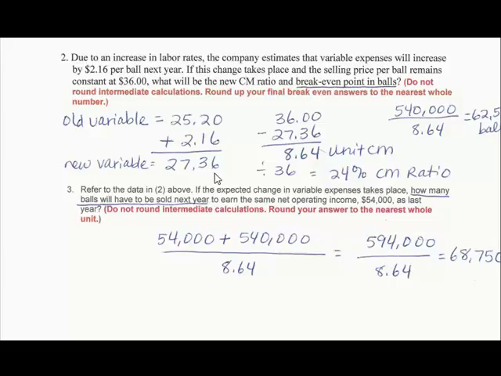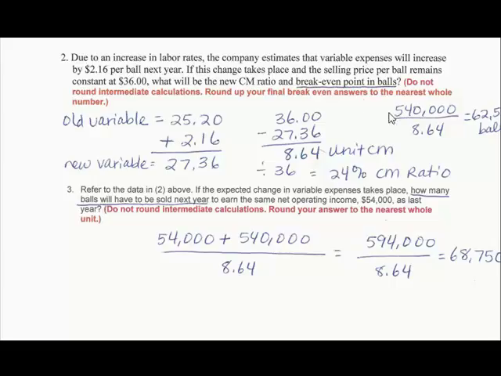Then it says, if this change takes place and the selling price per ball remains constant at $36, what will be the new CM ratio and break-even point in balls? So here I'm taking the same $36 sales price, subtracting my new variable expenses per unit to get my new unit CM. Then I divide by the sales price to get my new CM ratio, 24%.